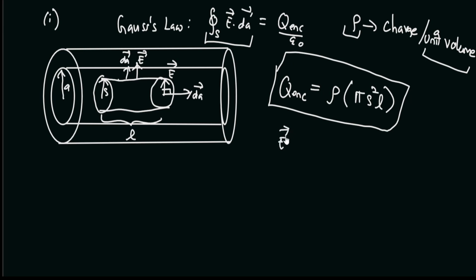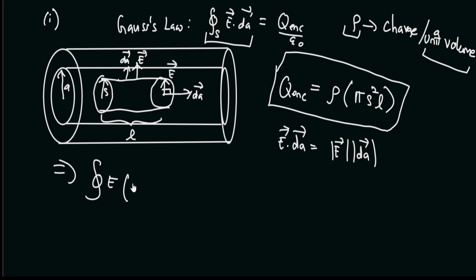So E dot dA for the rectangular region will be just the magnitude of the electric field times the magnitude of the area vector, since cos 0 is 1. So finally we will get the integral of magnitude of electric field times the area, which is equal to the charge enclosed, which was ρ pi s square L divided by epsilon naught.